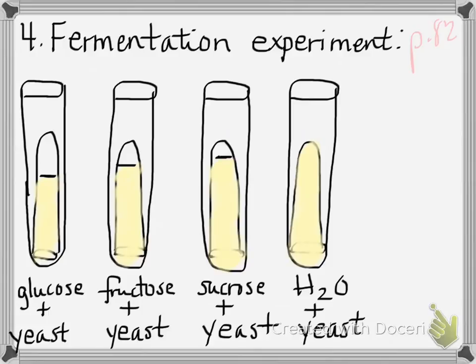Okay, question number 4 is our fermentation experiment. Would you go over to page 82? Here's where our data is. First of all, you're going to have to know this was the fermentation experiment.